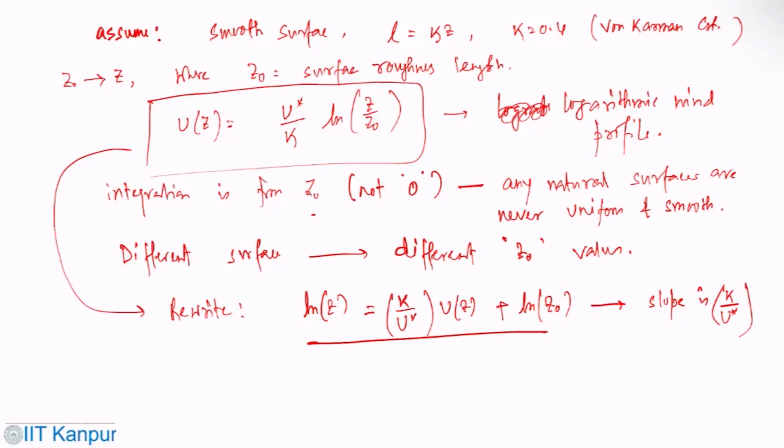This log law is often used to extrapolate wind speed from a reference height to any height z, or to another level, using the following relationship. So u of z by u of zr would be ln of z by z0 over ln of zr by z0.